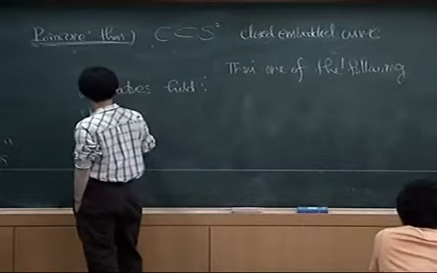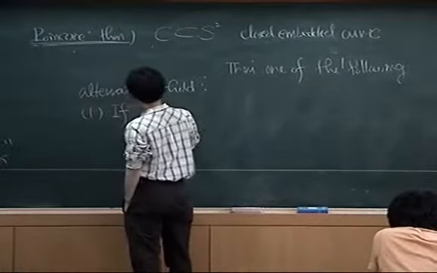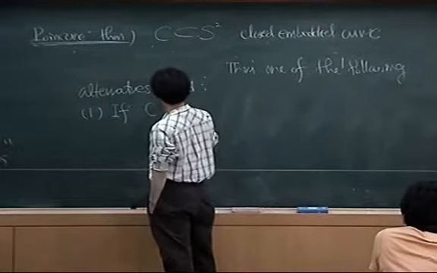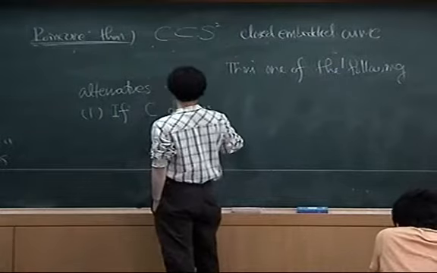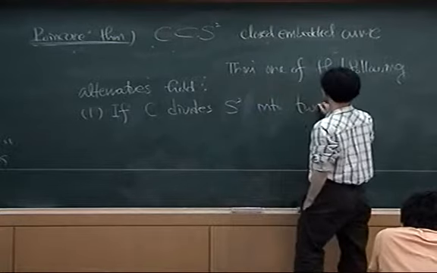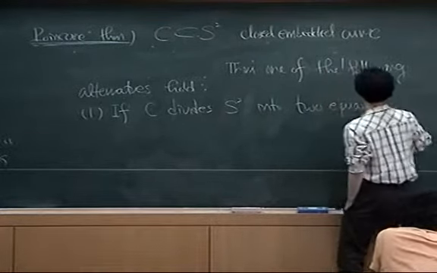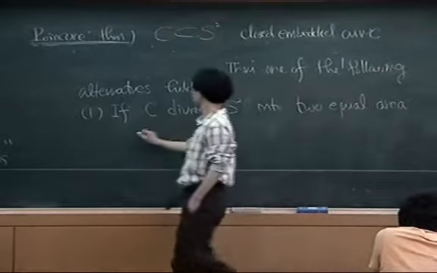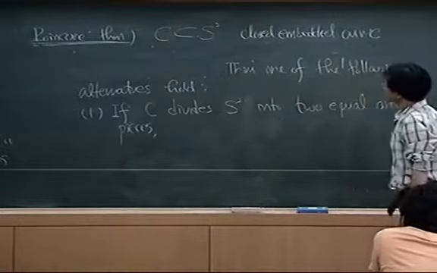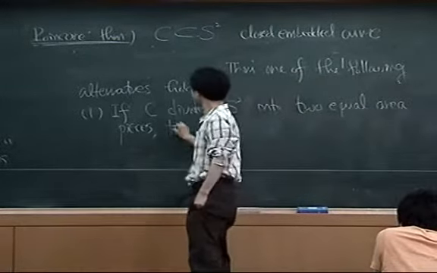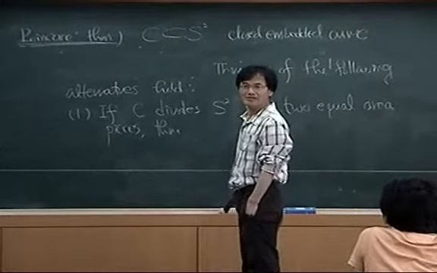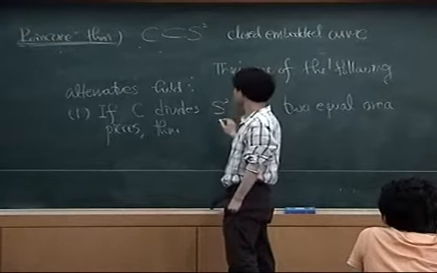If C bisects the sphere S2 into two equal area pieces, then you will never be able to displace C away from itself by area preserving diffeomorphisms.